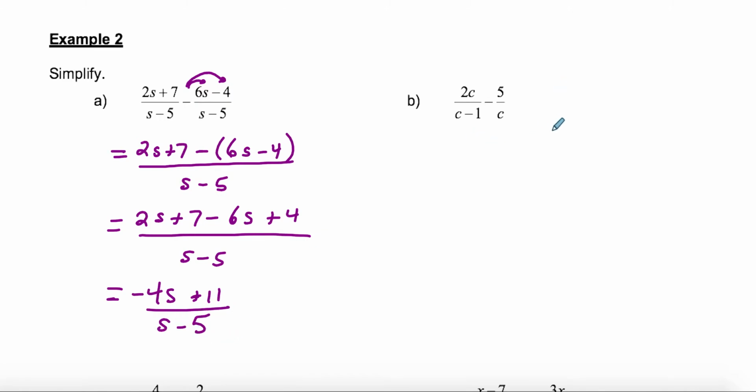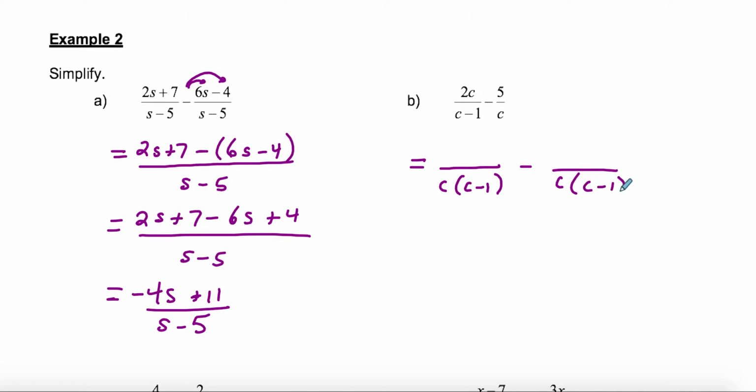This one here, I don't have a common denominator. Okay, this one is going to get trickier. I need a common denominator. And sometimes if you can't really figure out what the common denominator is, you would just multiply the two denominators together. So my common denominator, let's see if this makes sense, is c times c minus 1.